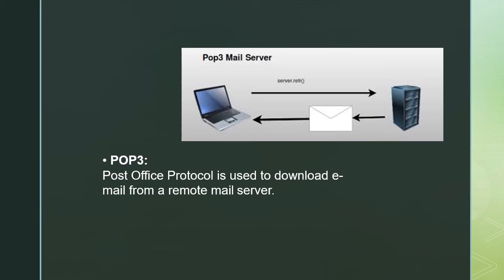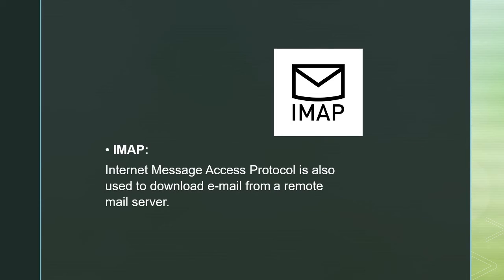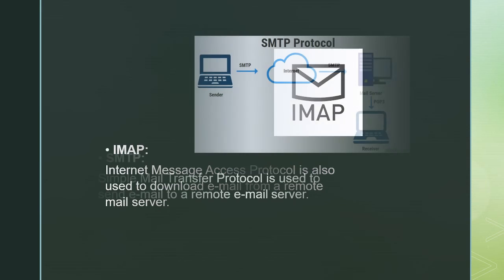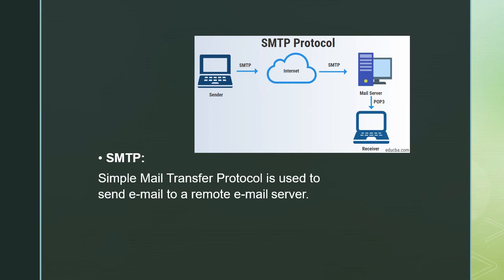It is used to download email from a remote mail server. IMAP, or Internet Message Access Protocol, is also used to download email from a remote mail server. SMTP, or Simple Mail Transfer Protocol, is used to send email to a remote email server.